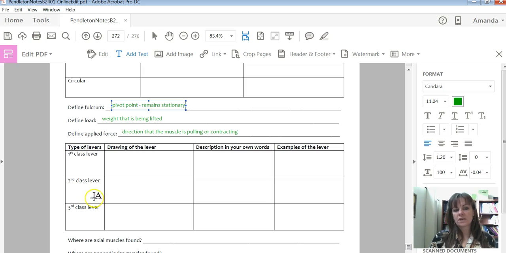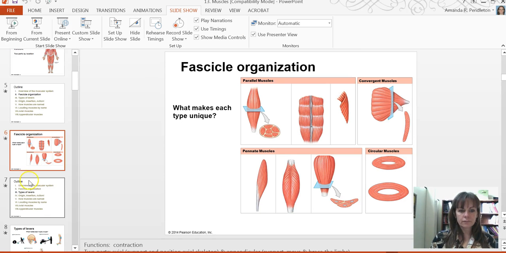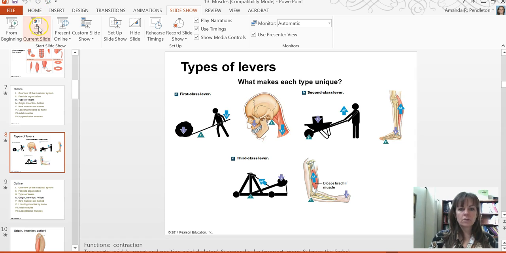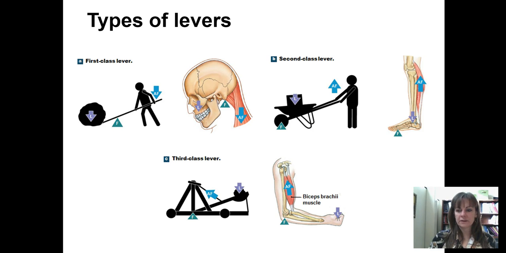So in each of these types of levers, we want to look for the load, which is the weight being lifted, the applied force, what direction is that muscle pulling, and the fulcrum, which is the part that doesn't move, that's kind of the pivot point that the applied force is able to use to lift that load. Okay. All right. And so let's look at these different types of levers.